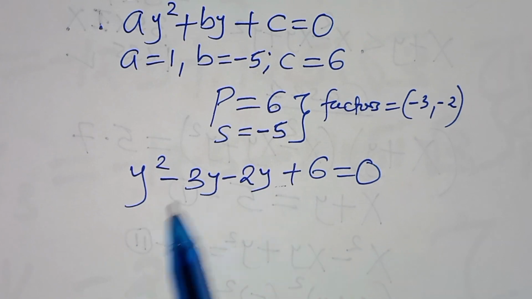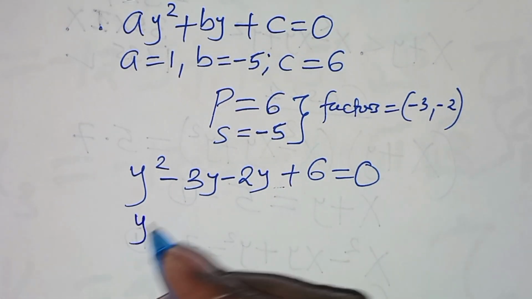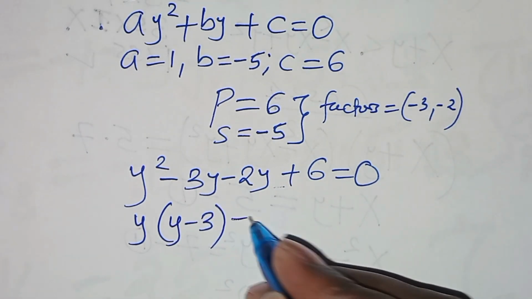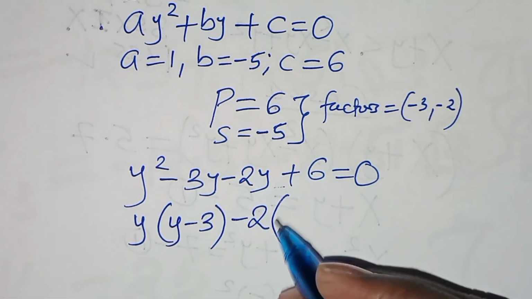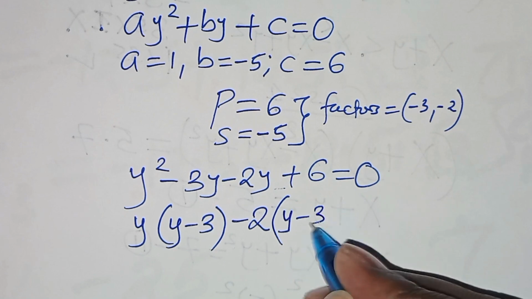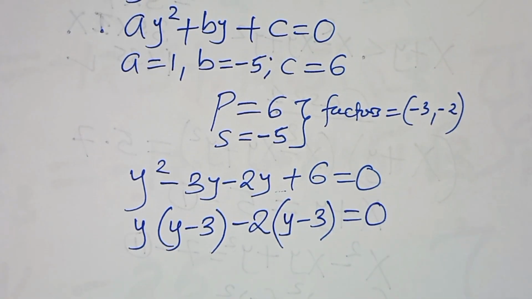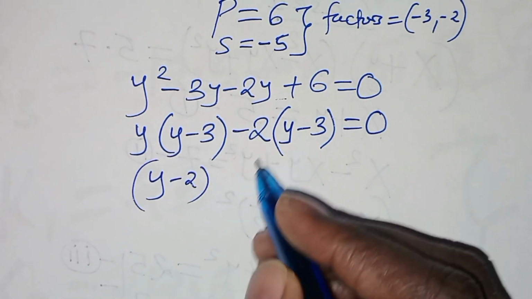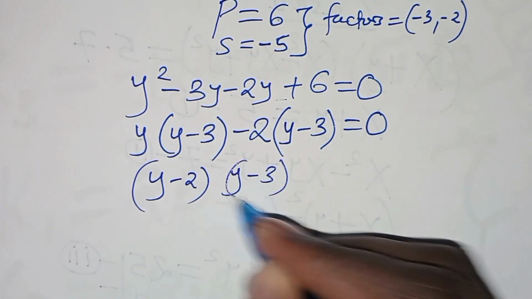Now we can factor out y, so that we have y minus 3, and then minus 2 factored out, so we have y minus 2 and y minus 3 equal to 0.